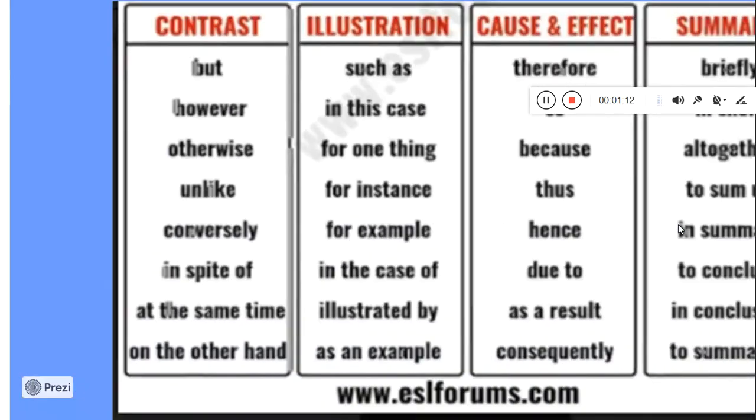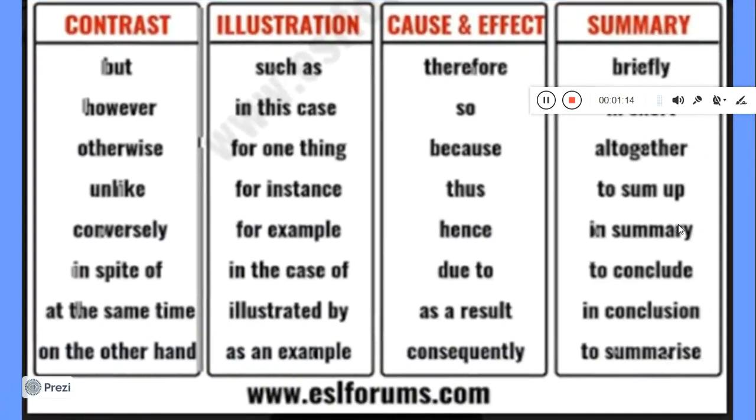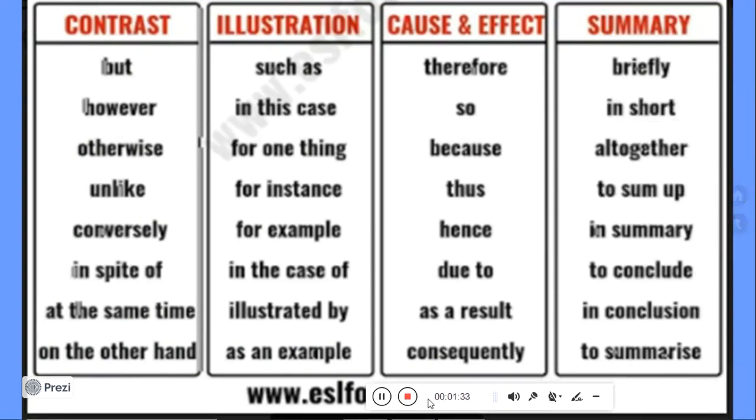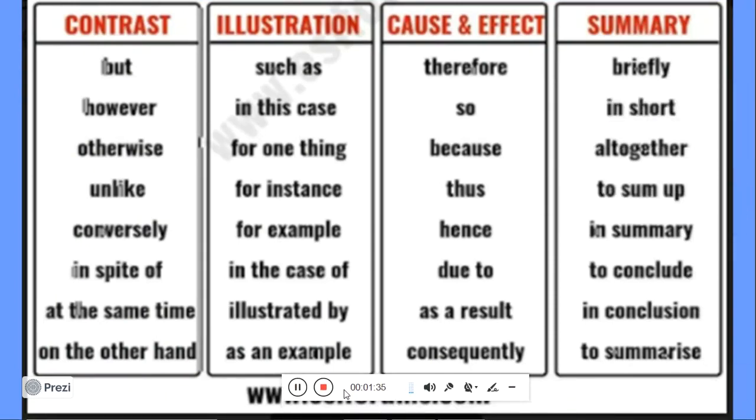You got here some linking words for contrast. If you have a contradiction in meaning, use but, however, otherwise, etc. Or illustration, for clarification, cause and effect, the relationship between cause and result, or summary, if you would like to summarize something, you can use in conclusion.